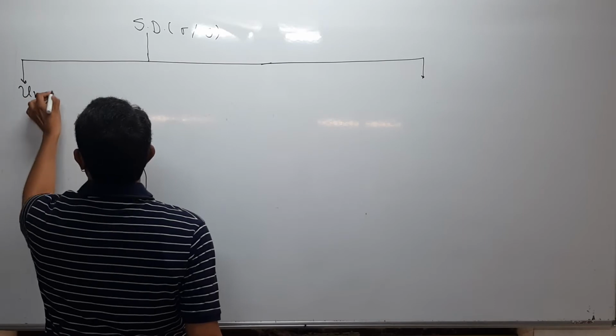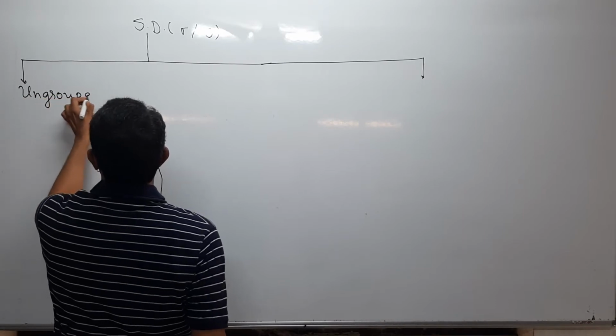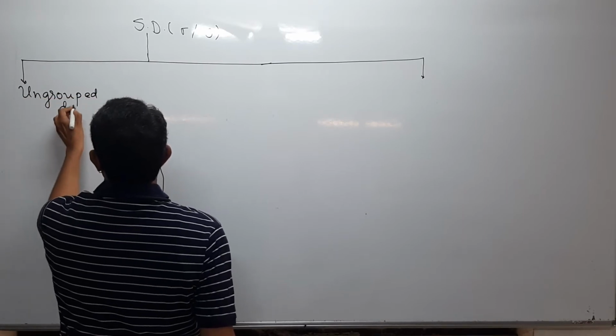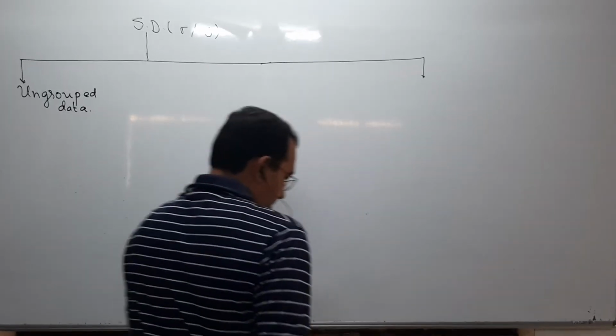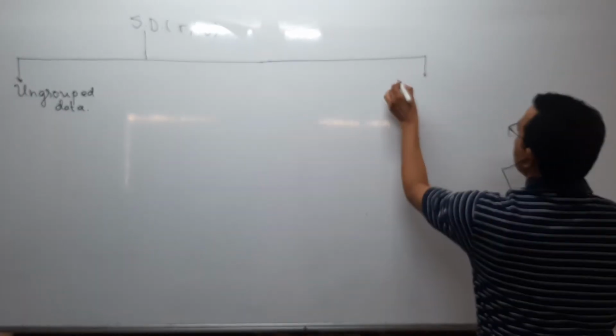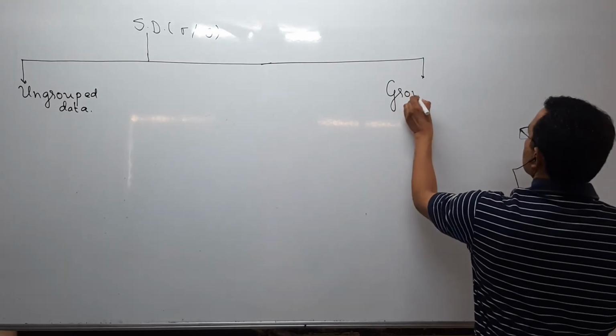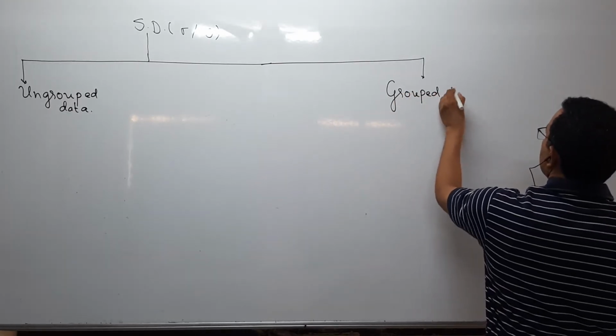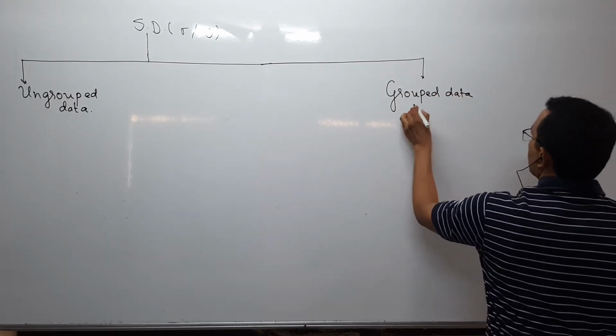The first category is ungrouped data, and students, the second category is grouped data.